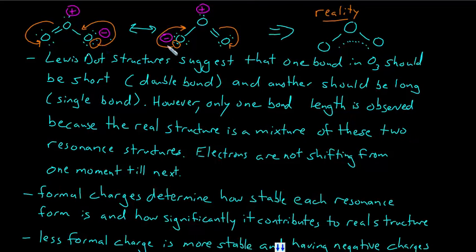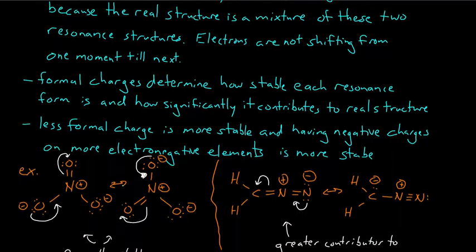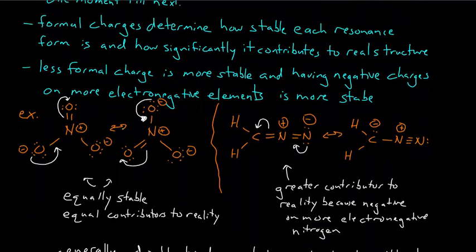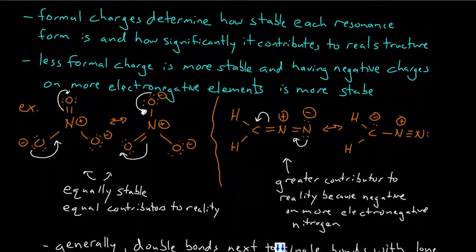Okay. Now, you'll not only need to draw out other resonance structures and decide whether there will be important ones, but you'll have to also decide whether certain resonance forms are more important than others, they're greater contributors to reality, or less important.